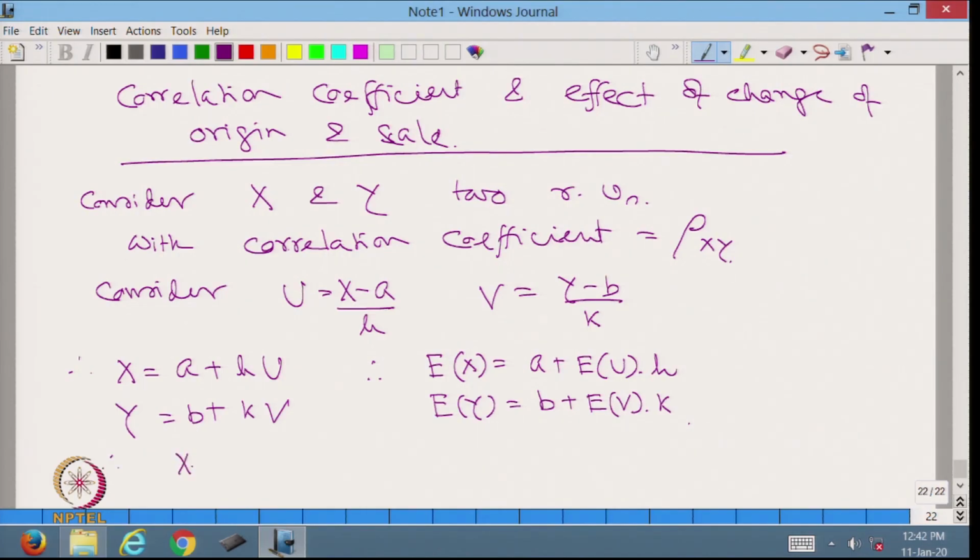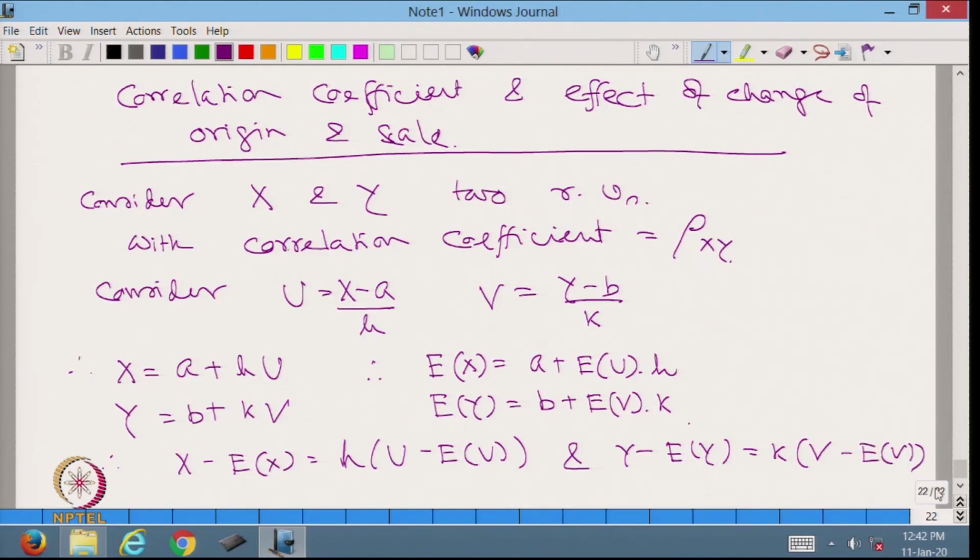Therefore, x minus expected value of x is equal to h into u minus expected value of u and y minus expected value of y is equal to k into v minus expected value of v.